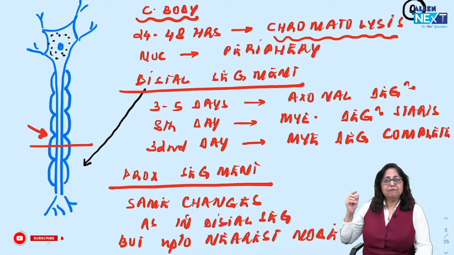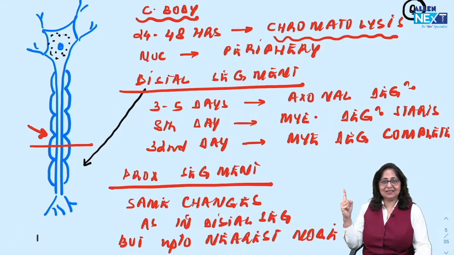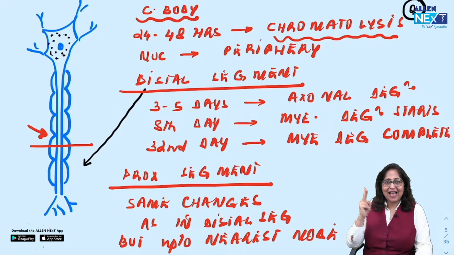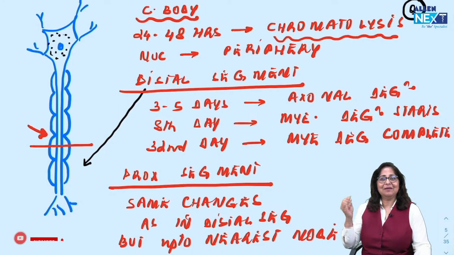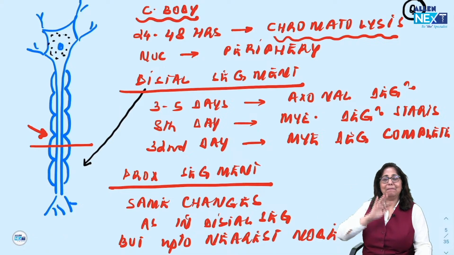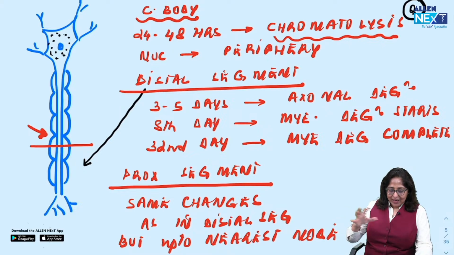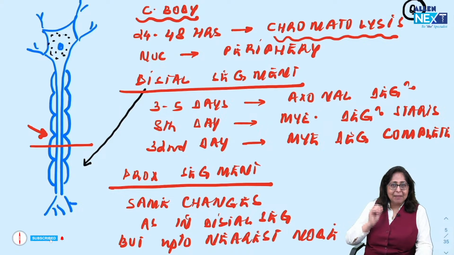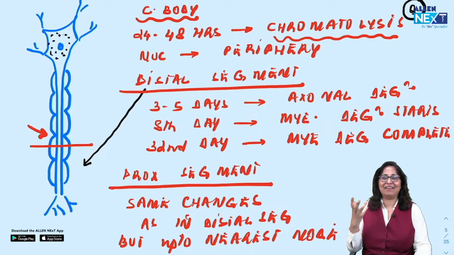Distal segment, first, remember, 1 day chromatolysis, first week axonal degeneration. After 1 week, myelin degeneration starts. After 1 month, myelin degeneration is complete. Now, once the axon has degenerated, myelin has degenerated, macrophages are your scavengers.